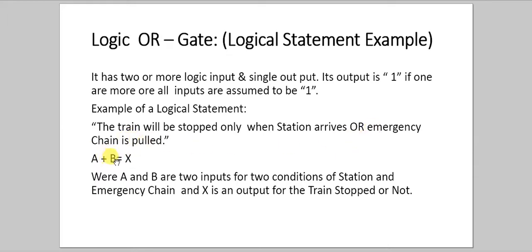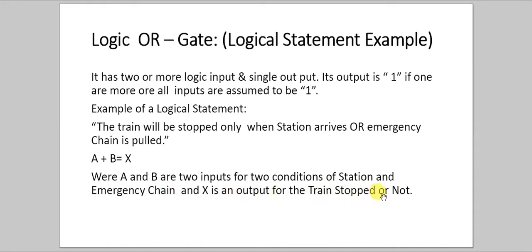If it is pulled, it is 1, and we call it a true statement. If not pulled, it is 0, a false statement. And equal to X: station arrived means 1, and doesn't arrive means 0. Where A and B are the two inputs, the two conditions of station and emergency chain, and X is the output for whether the train stops or not.